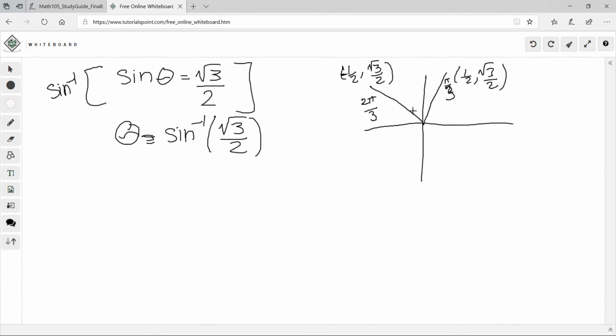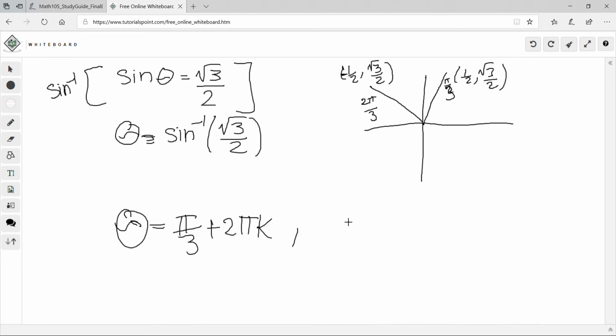So for pi thirds, theta is pi thirds, but we're going to add 2 pi k. Because if you go around the unit circle once, you're still going to get a sine of positive root 3 over 2. So that's why it's 2 pi k.